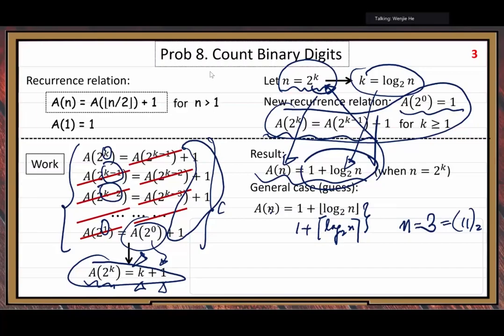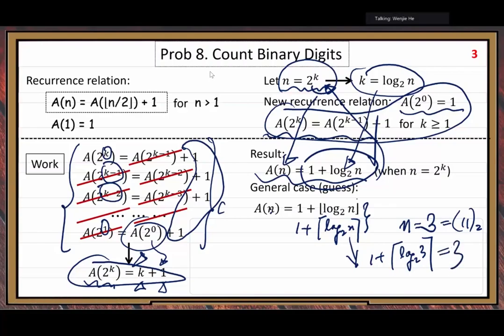In these two formulas, when we plug in here, the bottom version: 1 plus ceiling of log base 2 of 3, rounded up. 3 is greater than 2, so it's 1 point something. Rounded up, it's 2. 1 plus 2 equals 3.